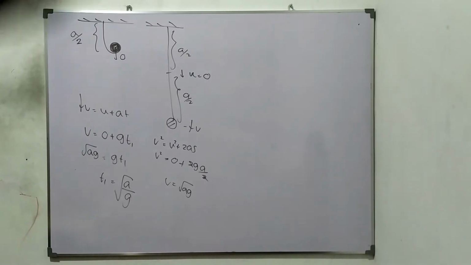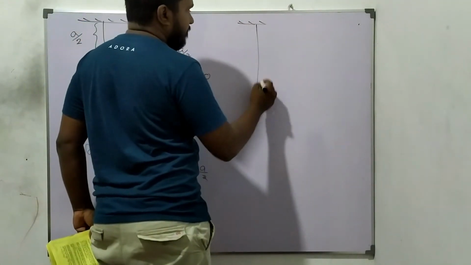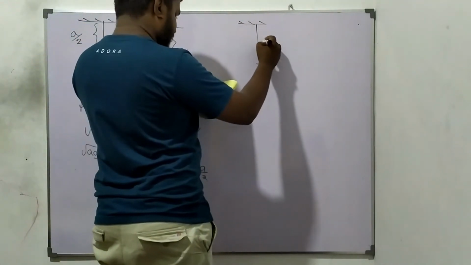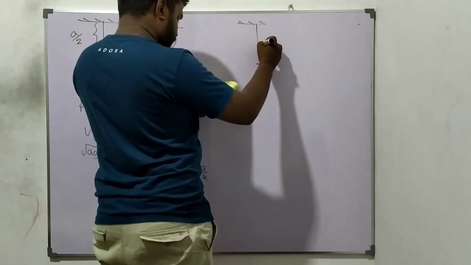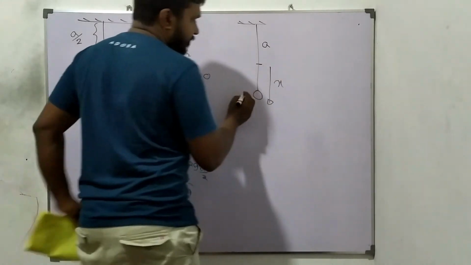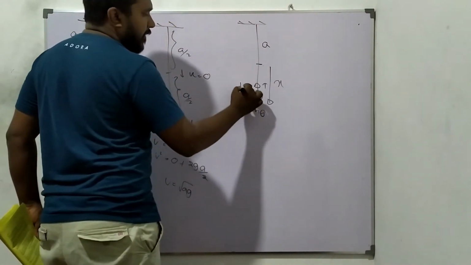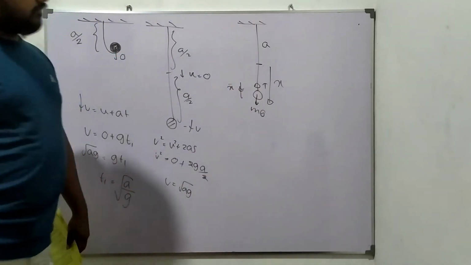So then after it comes some distance, this is the natural length a, and I assume this extension is x. The particle is here, the tension is T, and the acceleration is x double dot.